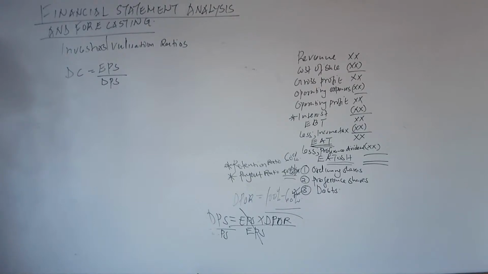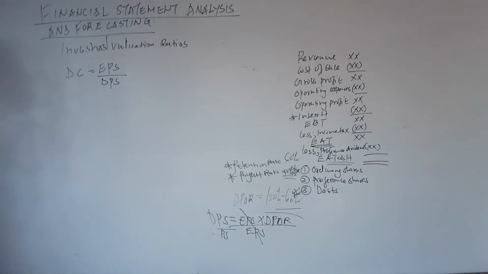The last one under valuation ratios is the price earning ratio. Write and say that it shows the relationship between the MPS and the EPS.